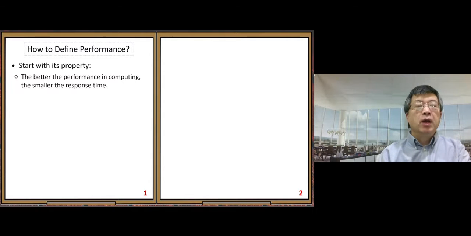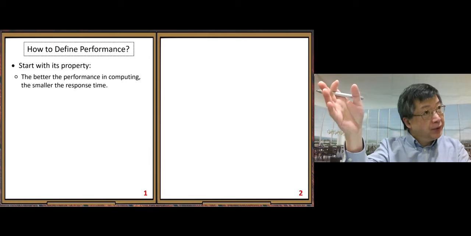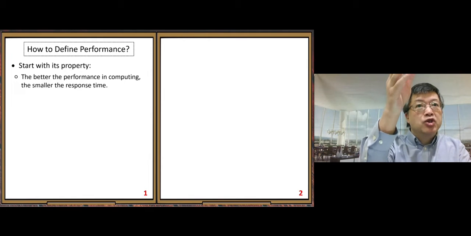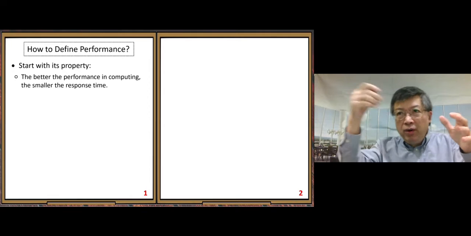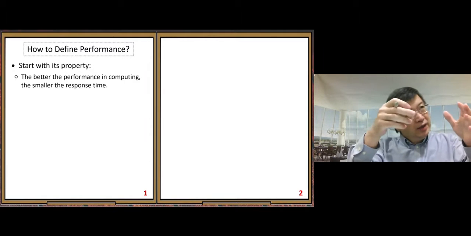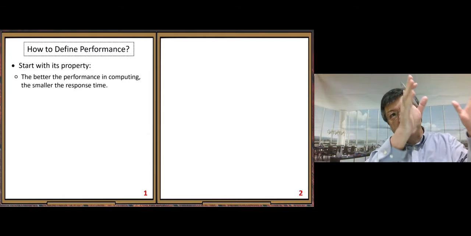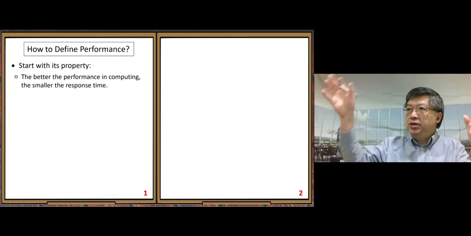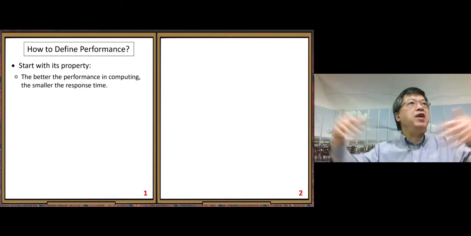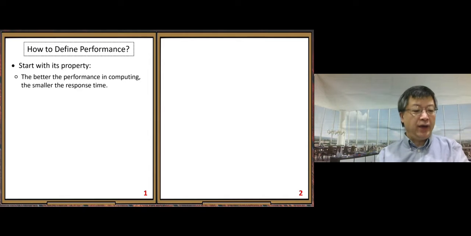First, the better the performance in computing, the smaller the response time, right? So when we run a program, if we say this program has very fast performance, that corresponds to a very fast response time. So that's one simple fact we have.